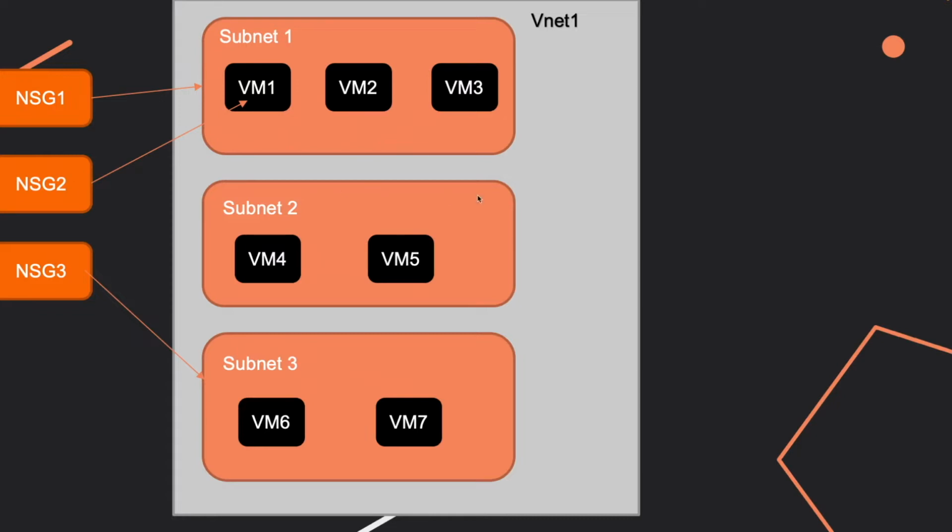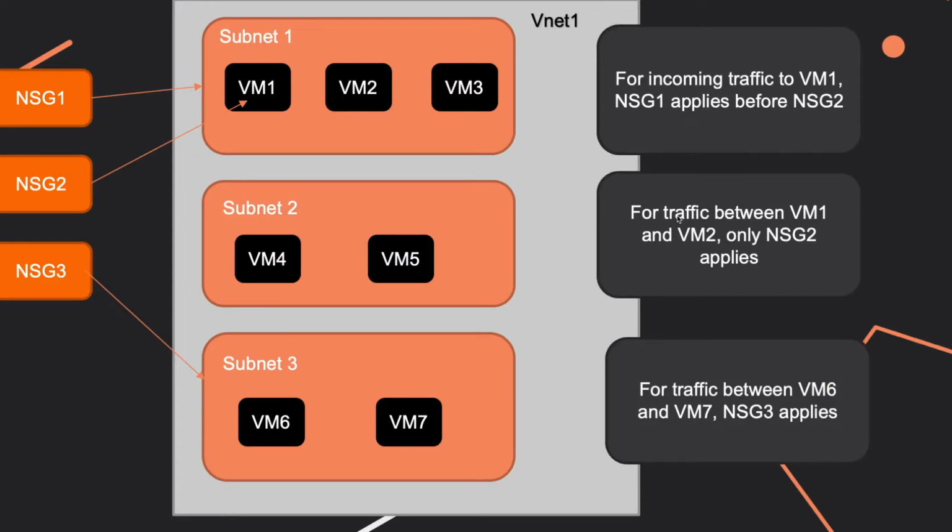All right, so this is the input that we have, and you also have 3 questions. For incoming traffic to VM1, NSG1 applies before NSG2. NSG1, which is associated with subnet 2, applies before NSG2, which is associated with VM1.